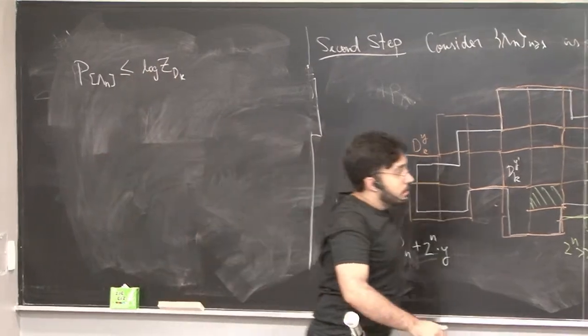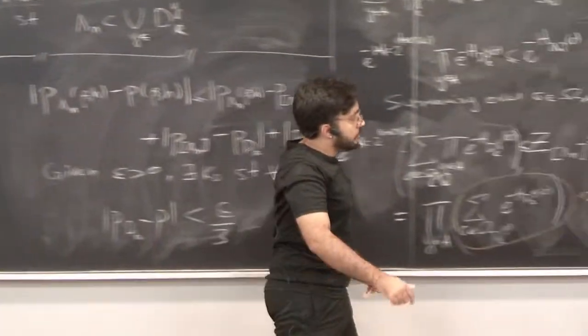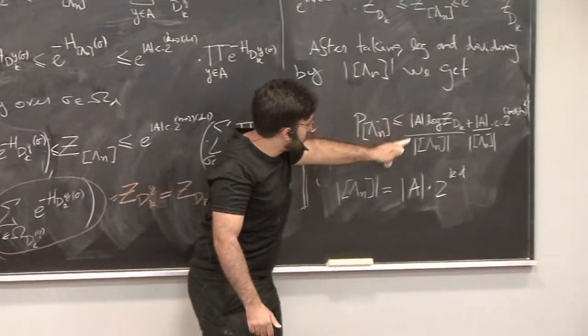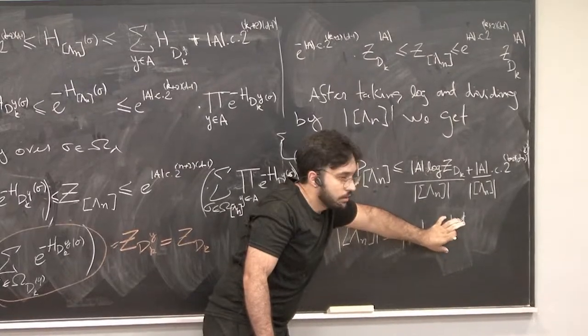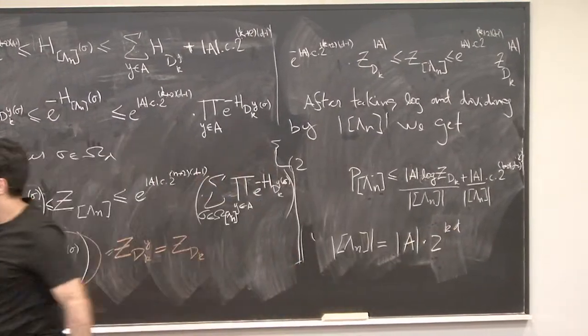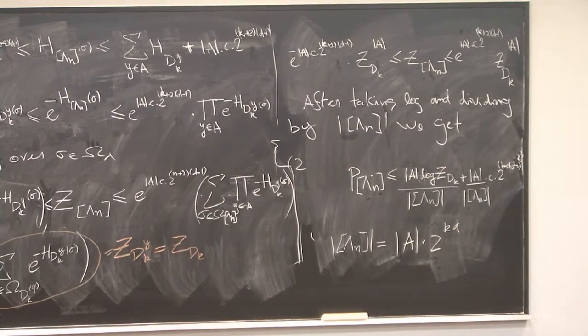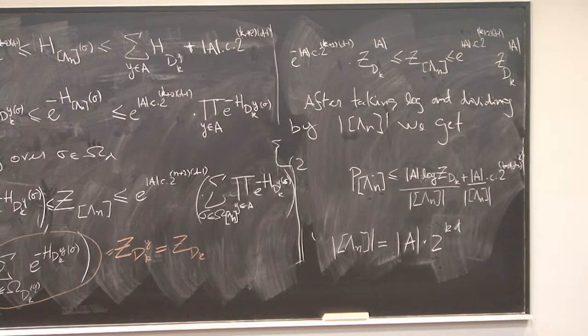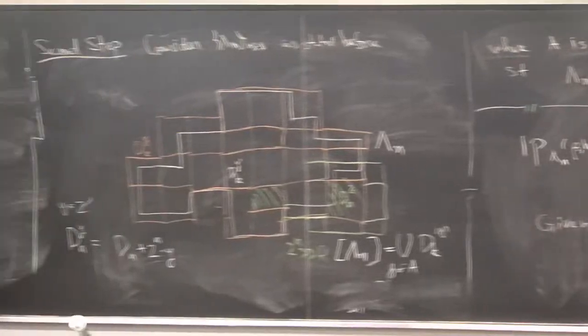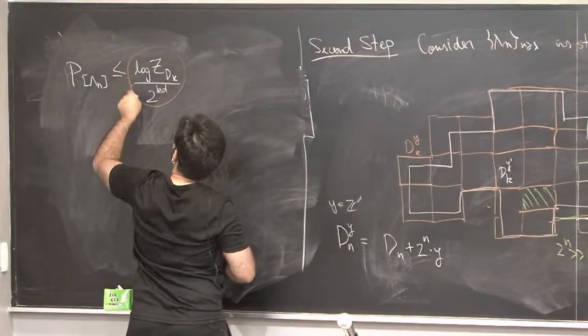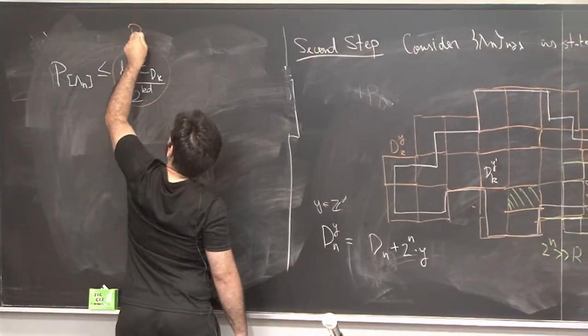Now the size of a here cancels out with this size of a, remaining only the volume, the size of the cube dk, and this is just the partition function of dk.